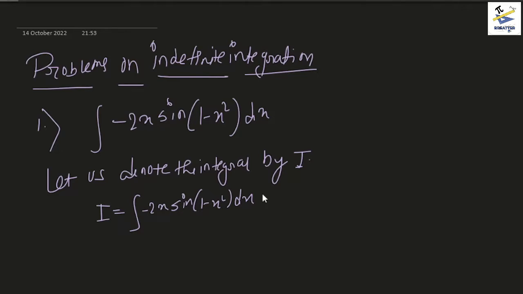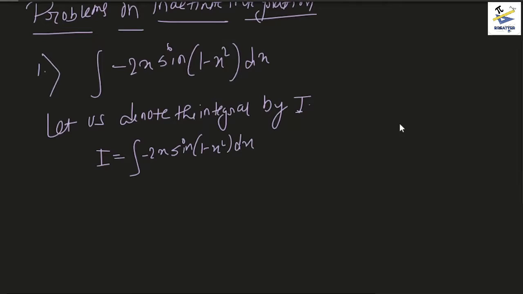Now, as we have learned in the previous sections, we are trying here to look for a term whose derivative is present so that we can substitute for that. And you see a minus 2x dx present, and we note that the derivative, that is d/dx of 1 minus x square, is just what we need because it is minus 2x dx.